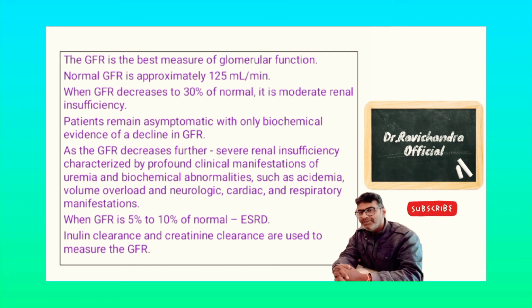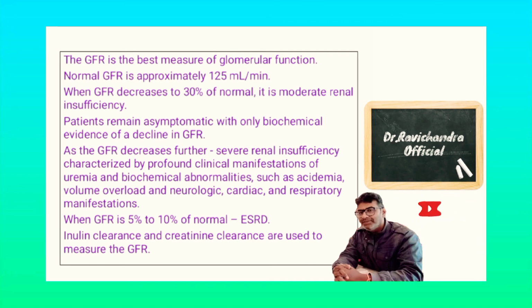As the GFR decreases further, severe renal insufficiency occurs, characterized by profound clinical manifestations of uremia and biochemical abnormalities, acidemia, volume overload, and neurologic, cardiac, and respiratory manifestations. When GFR is 5% to 10% of the normal, it is end-stage renal disease.